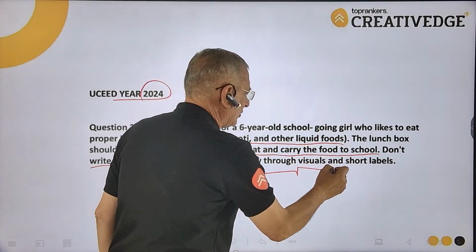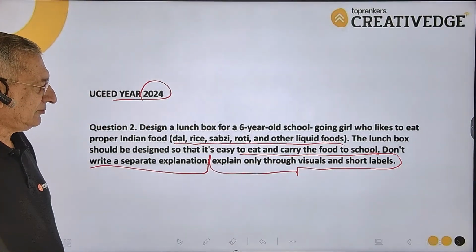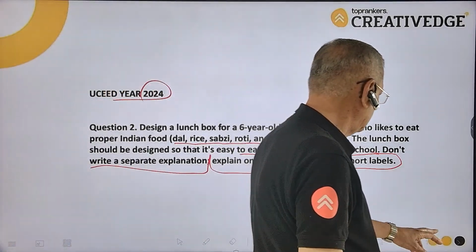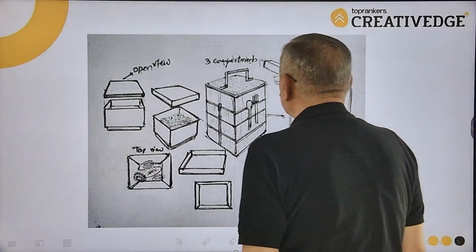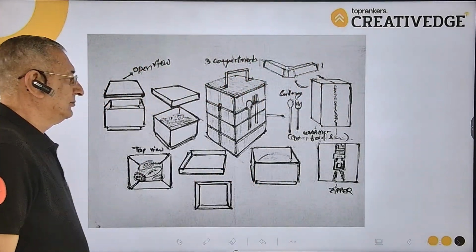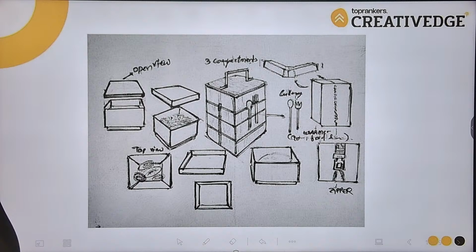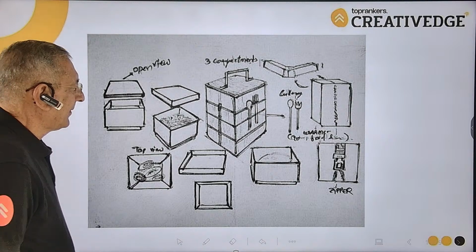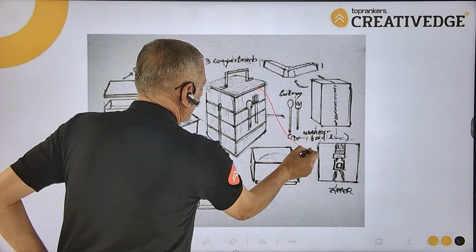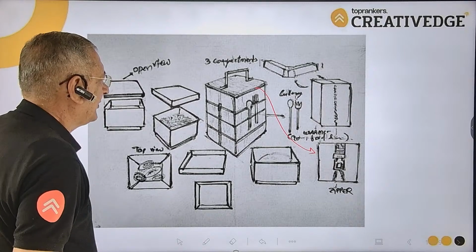Explain only through visual and short labels. Zipper here.